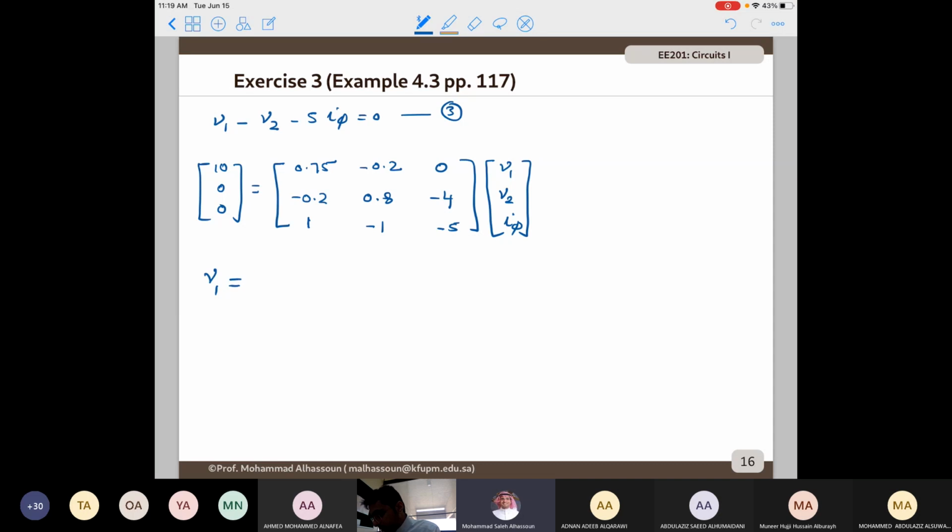So V1 equals 16 volts, V2 equals 10 volts, and I phi equals 1.2 amperes. So now I found V1, V2, and I phi.